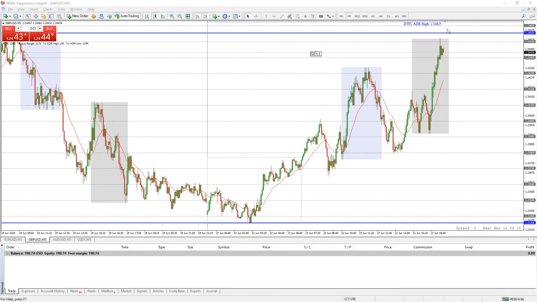The day is not ended yet, but we'll probably see price try to reach here, and then after that it will just drift like it always does at the end of the day. I'm not sure whether there's any news or not, but that's what it always does. So that's the end of this recording for today.